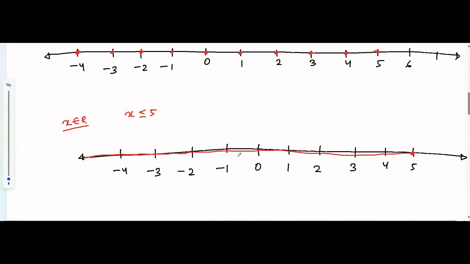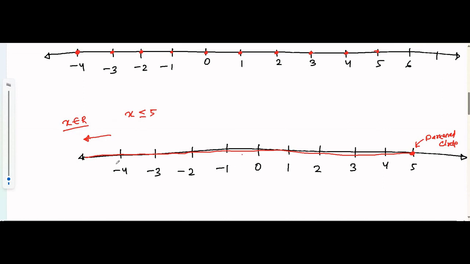On the number line we'll draw a solid line starting from 5, highlighting 5 with a darkened circle. Why? Because 5 is also part of the solution, and all the points in between the integers, the decimal values, the fractional values, are also part of the solution. And it goes like this because it is real numbers we are talking about, the replacement set.